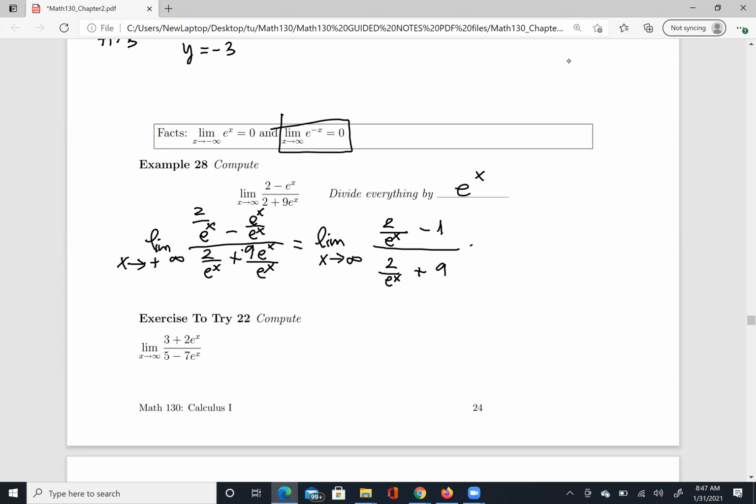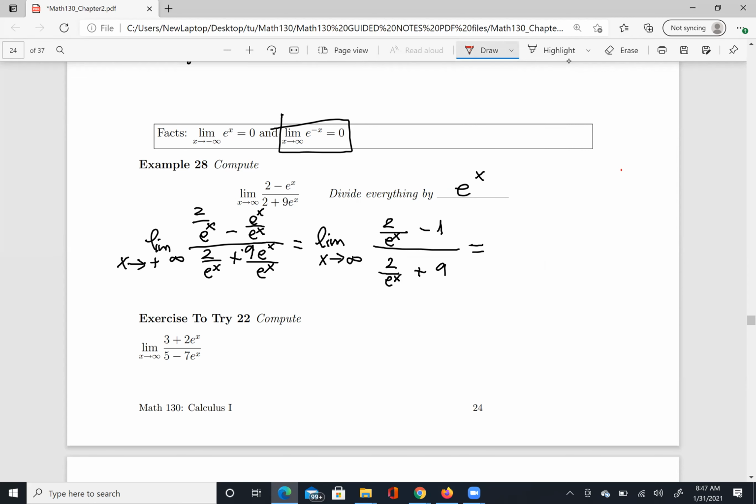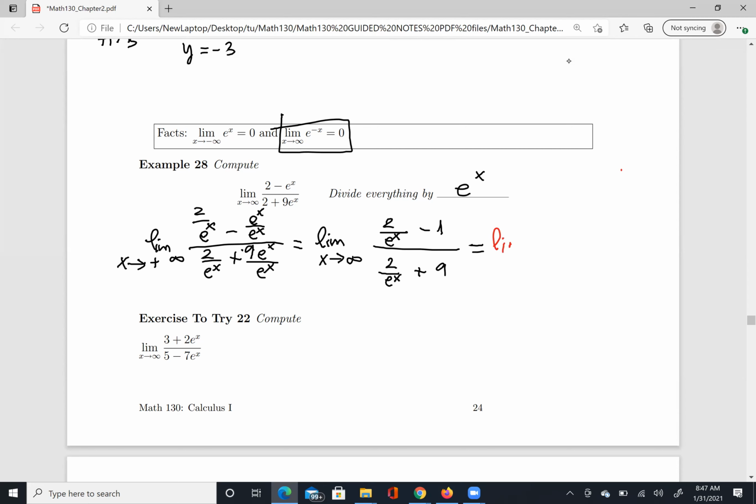Now you easily see there is e to the negative x: the first term is 2 times e to the negative x minus 1, because e to the negative x is 1 over e to the x, and the bottom is 2 times e to the negative x plus 9.